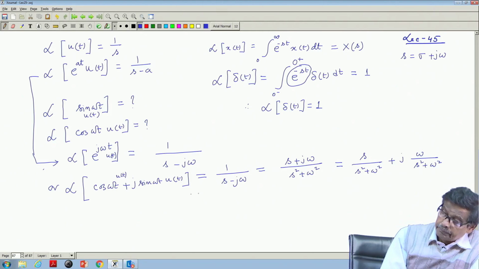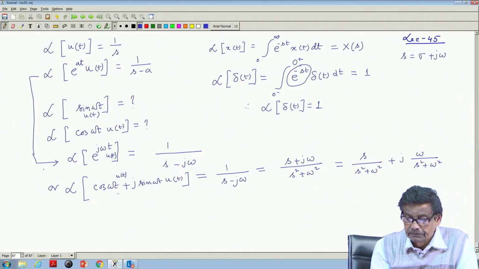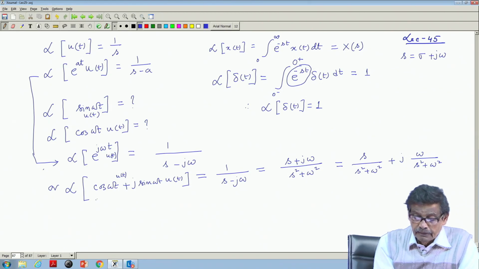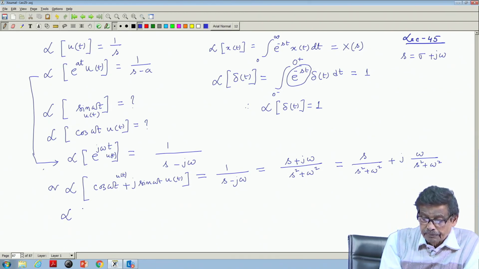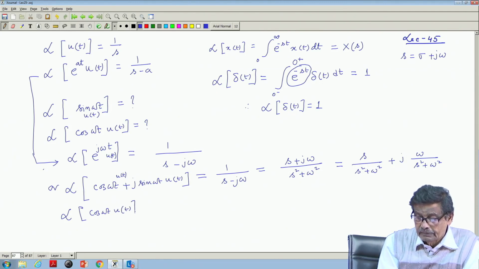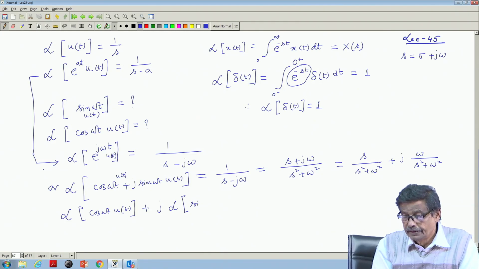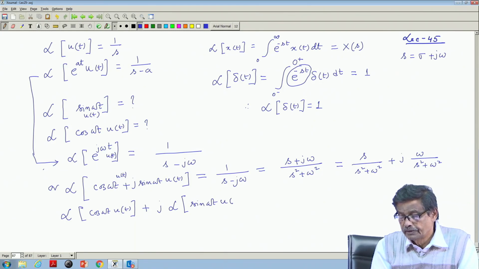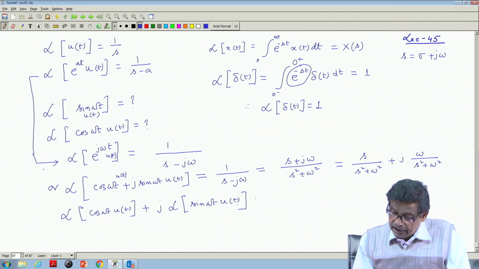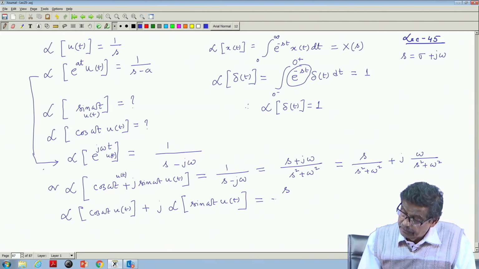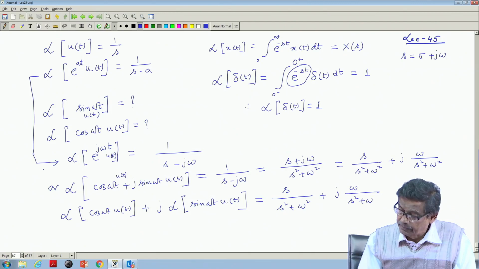So, this can be written as the Laplace transform of cos omega t u(t) plus j times the Laplace transform of sin omega t into u(t). And we have got this to be equal to s by s square plus omega square plus j omega by s square plus omega square.